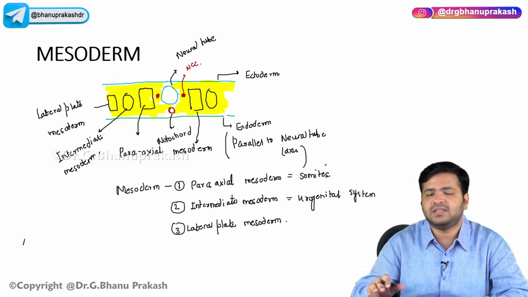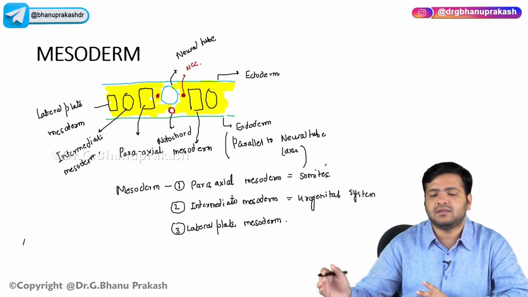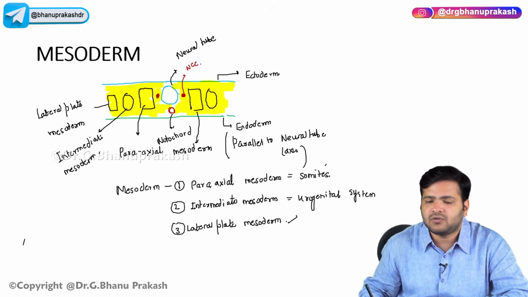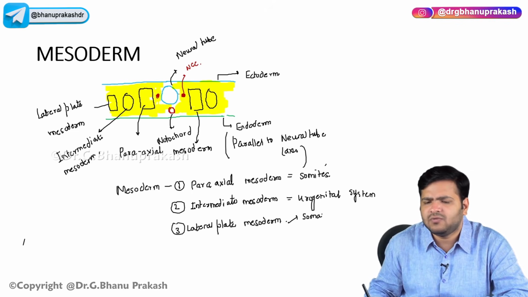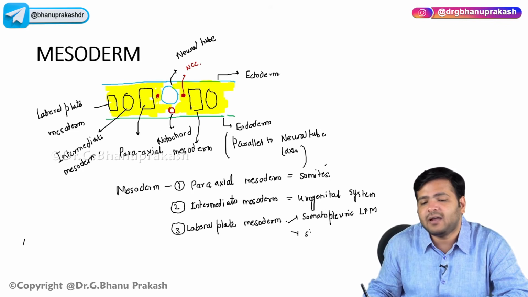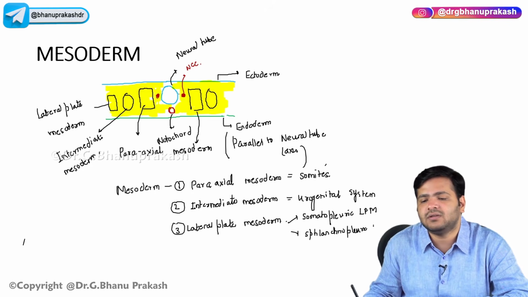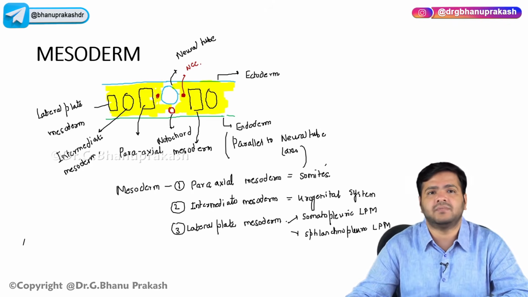And the lateral plate mesoderm is further divided into somatopleuric, which you already know is towards the body wall, and splanchnopleuric, which is towards the visceral organs.